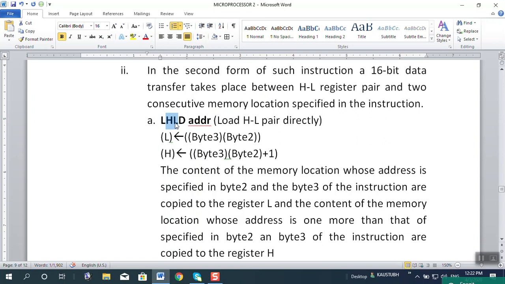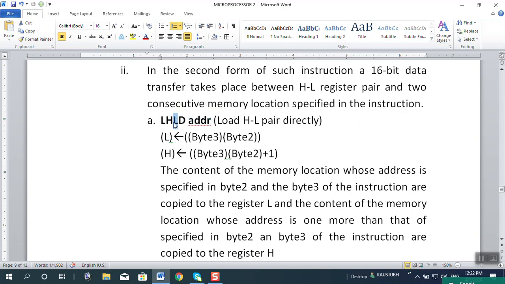Now here is one thing. LHLD is the load HL register pair. So HL together becomes 16-bit. From where? From the memory, and you are specifying only one memory address here. One memory address can contain only 8 bits of data, but we need 16-bit data because we are considering the HL pair. So in this case, the data content of the memory location you specify here will be copied to L, the lower byte.